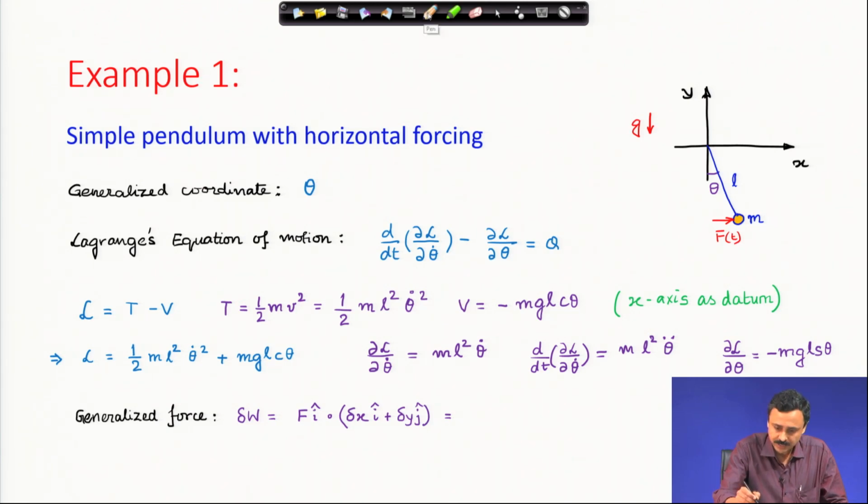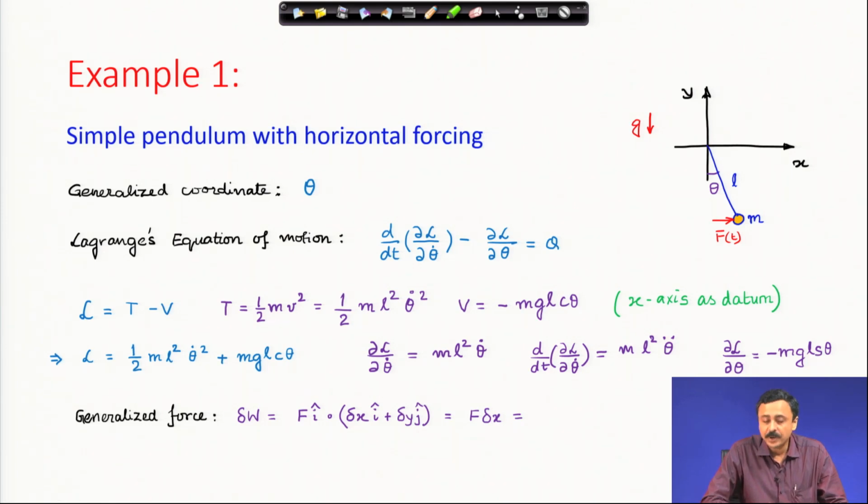The force is acting in the horizontal direction, therefore its representation is F i cap, dotted with the displacement of the bob, delta x i cap plus delta y j cap. Because of this dot product, I have only F delta x.